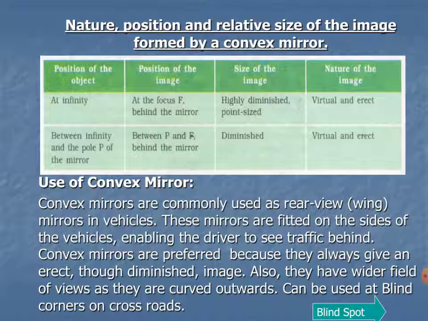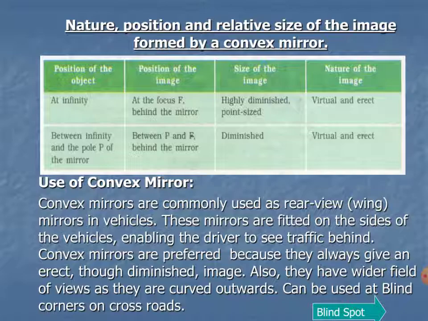The larger area of the traffic can be seen through that spherical mirror. And the second important thing is that it can also be used in blind corners. Got it? Blind corner means those crossroads where, from one part of the road, you can't see the traffic of the other road which is coming toward that crossroad. We call those blind corners, at the corner itself.